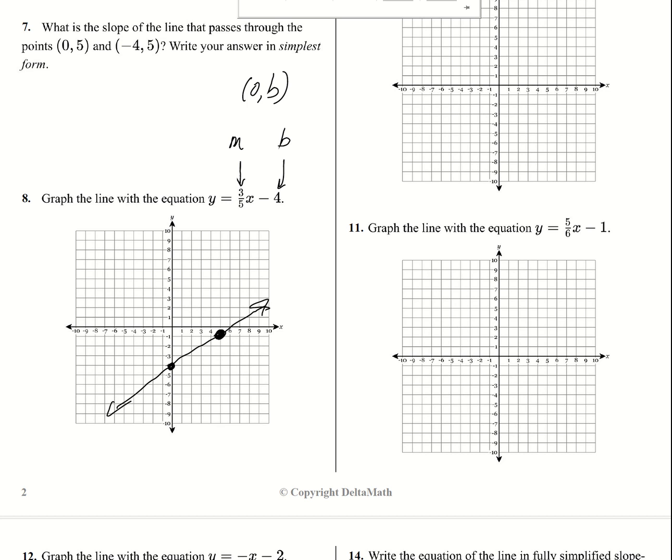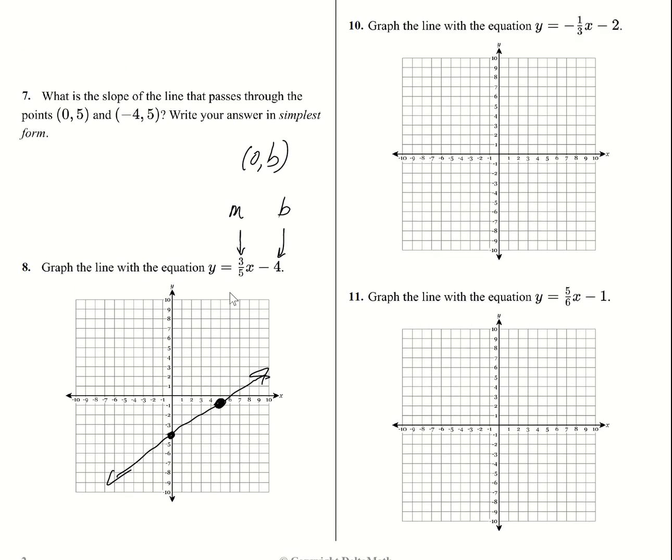So then I'll put it in there. Now, if the slope were negative, I would go down 3, 1, 2, 3, but I would still go to the right 5. So that's the difference. If you have a positive slope, the line should be going up from left to right. So that's how you graph in slope-intercept form.